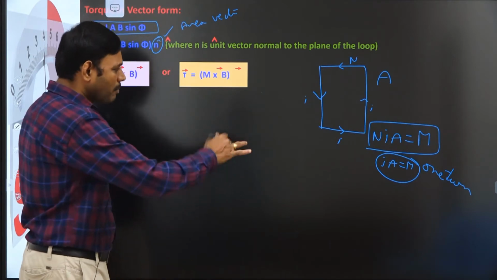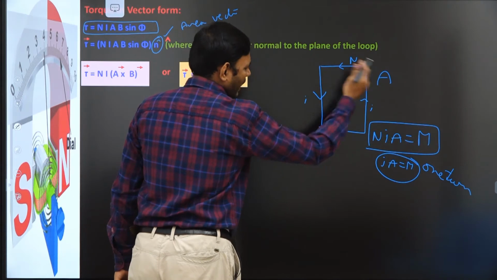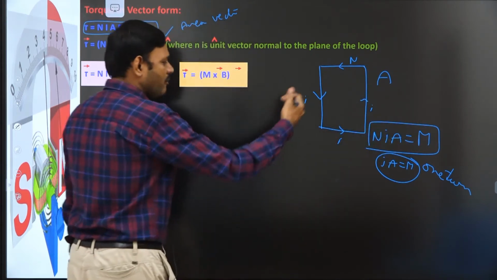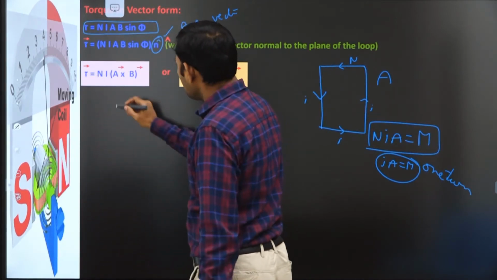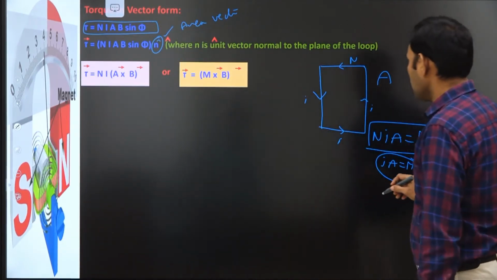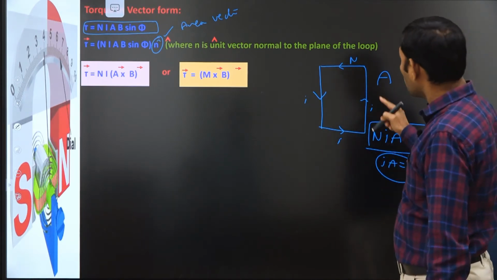It is equivalent to a bar magnet whose magnetic moment is given by NIA for N turns, IA for 1 turn. Therefore, I replace NIA by the M bar vector. For N turns, NIA is the magnetic moment.